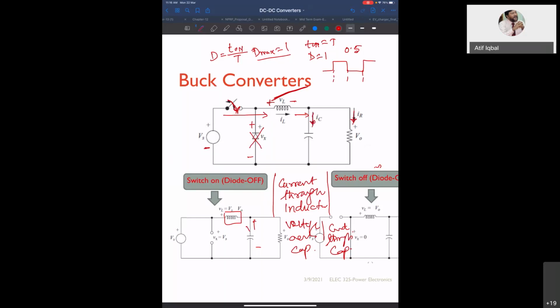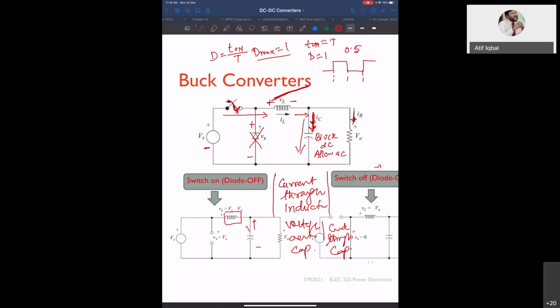And you see, the current that goes to the capacitor, the capacitor blocks DC. So it only allows AC. When it allows AC, that means the ripple of the inductor current is bypassed through the capacitor.